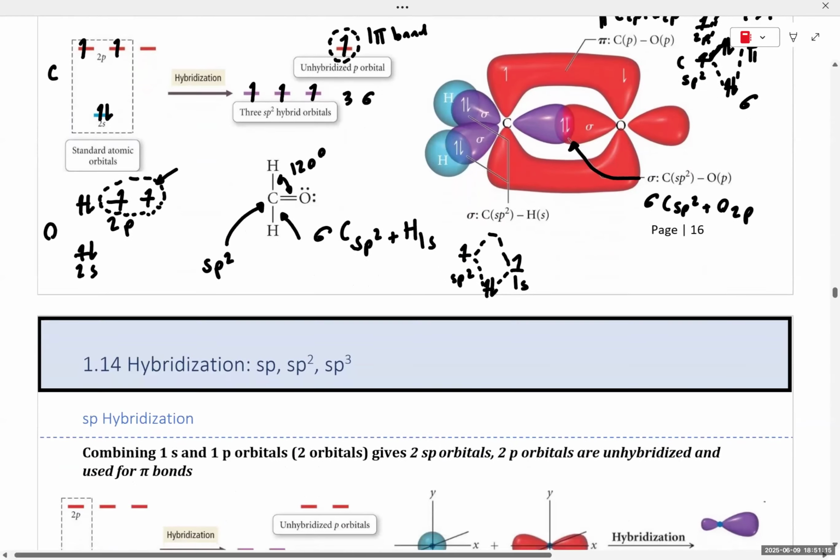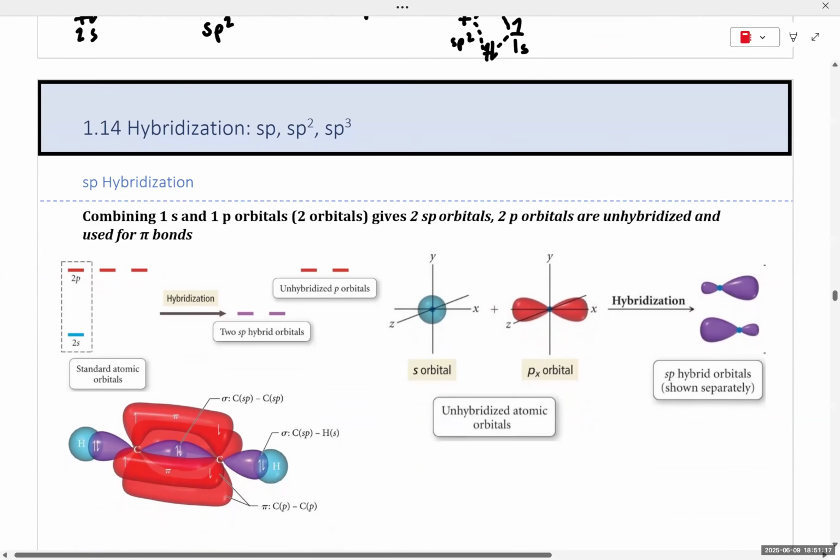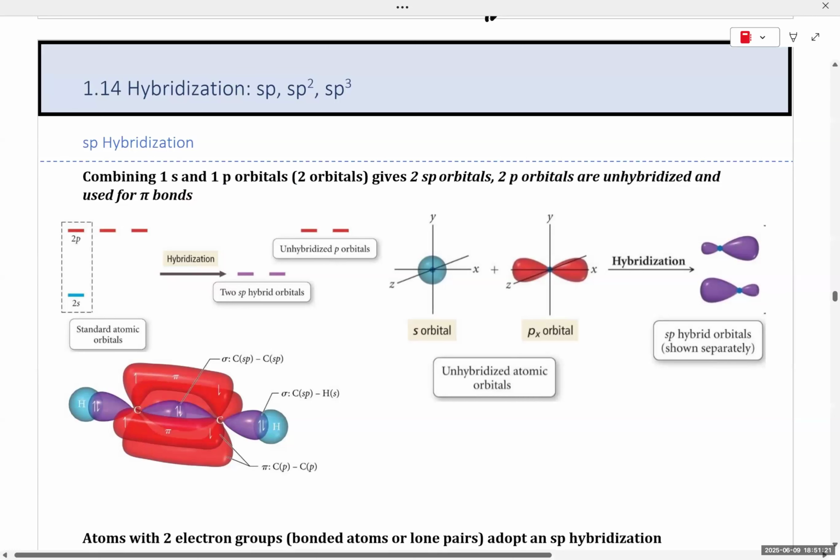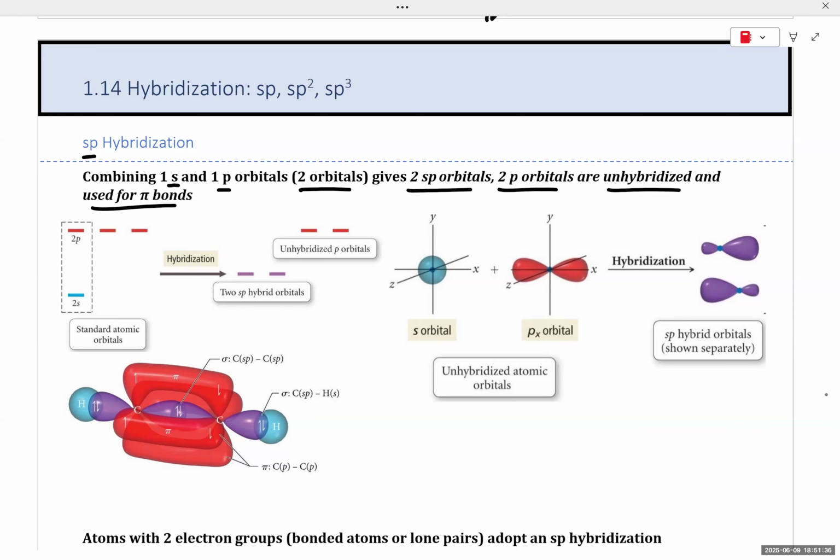Okay, let's look at the last major case of hybridization that we're going to discuss, which is the sp hybridization. Combining an s and p orbital, two orbitals in total, yields two sp hybrid orbitals, and we have left over two p orbitals that are unhybridized and can be used for pi bonds.